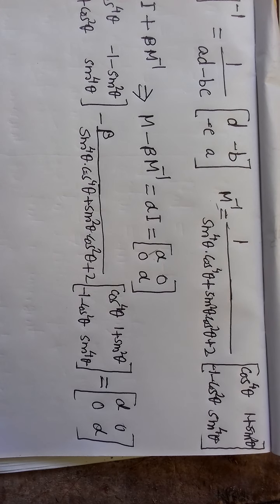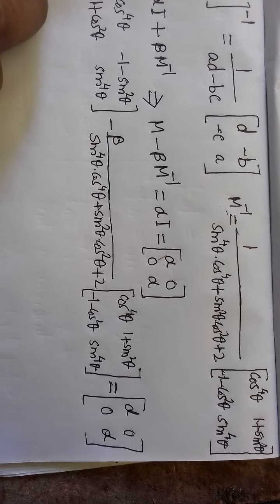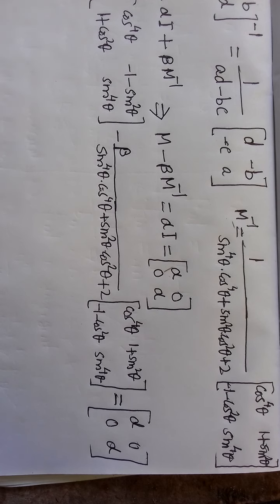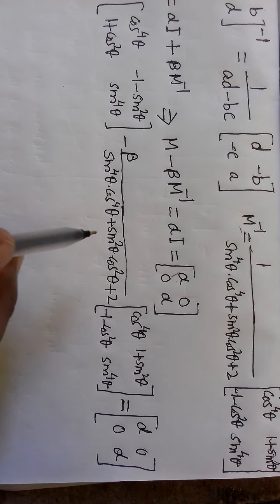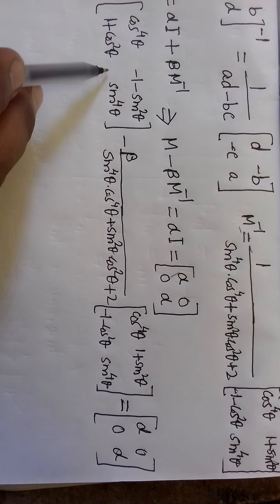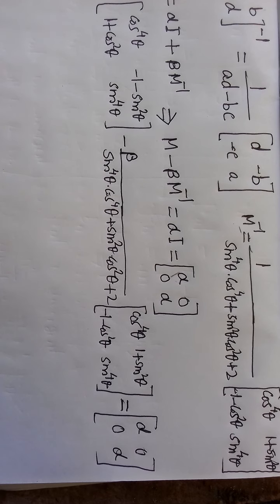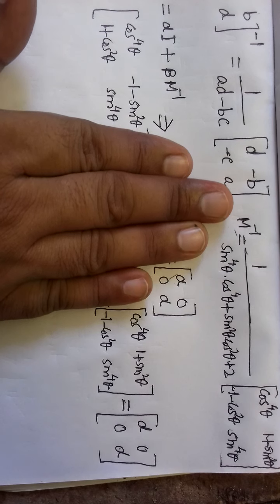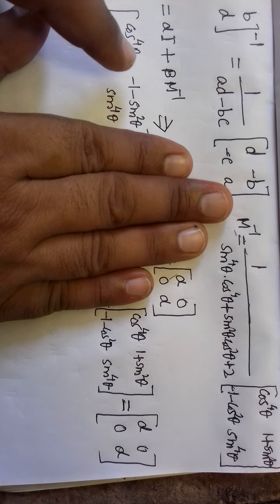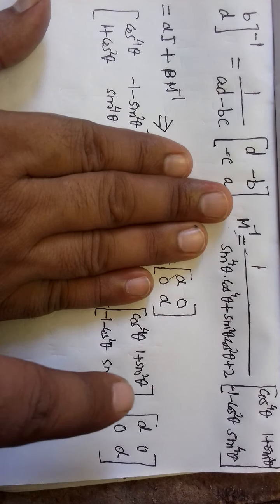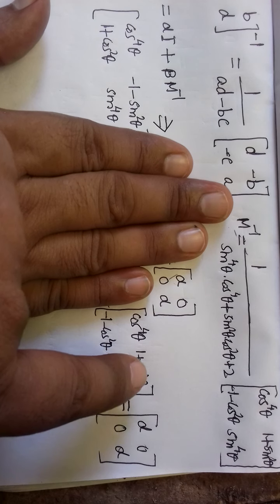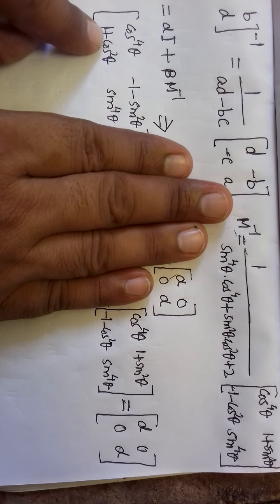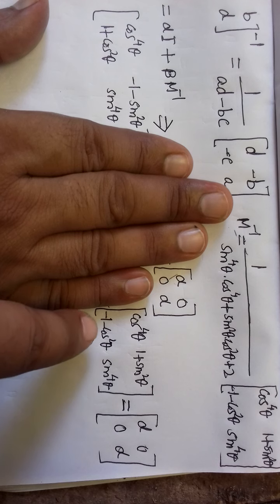Now we have to compare. Suppose you see these three matrices, 1, 2 and 3. I cover this part. You see, if you add this one and this one, you will get 0. Similarly, adding this one and this one will give 0.